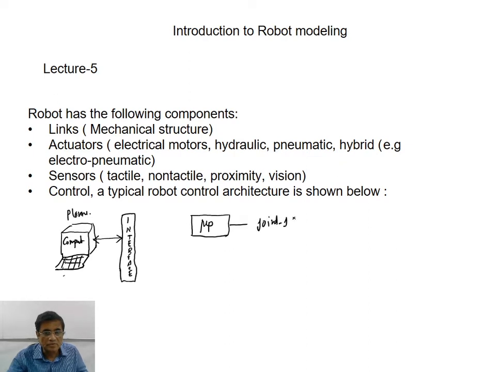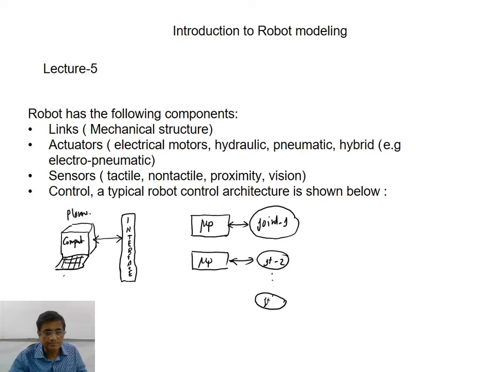Say joint 1, then you have a microprocessor controlling joint 2. So if you have n number of joints, essentially you need to have n number of processors.